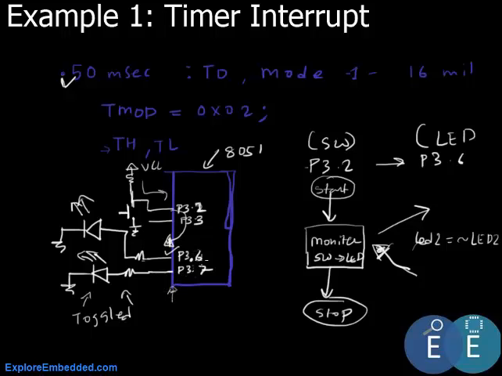So the point here is, whenever we configure an interrupt for the timer, and in real time we press the switch, it appears that the LED is blinking continuously, and even the controller is reading the switch and displaying it on the other LED.